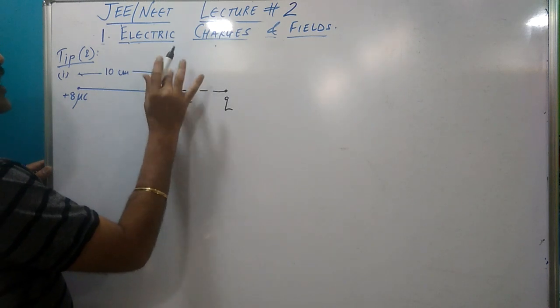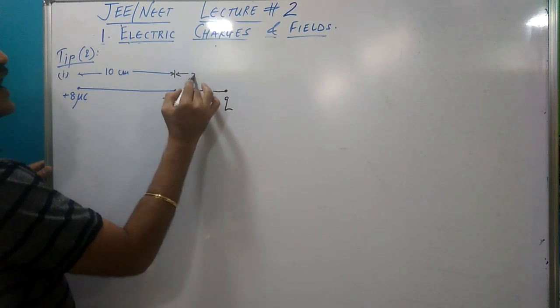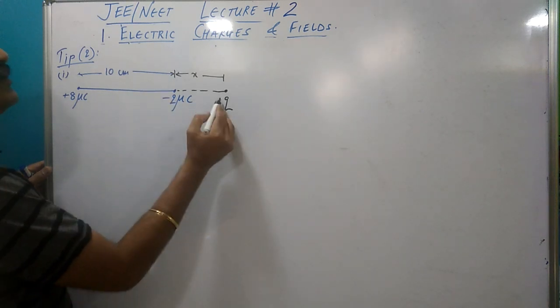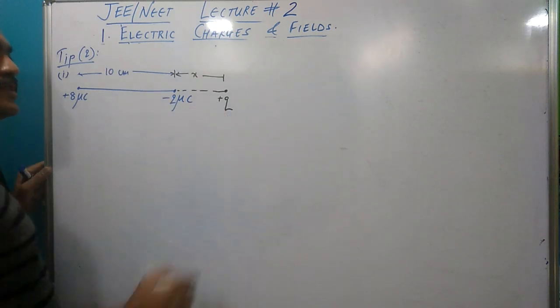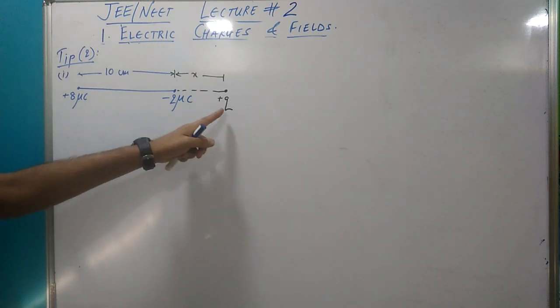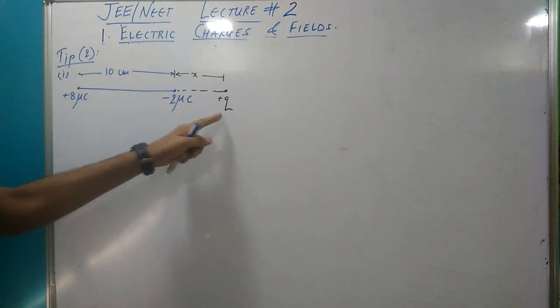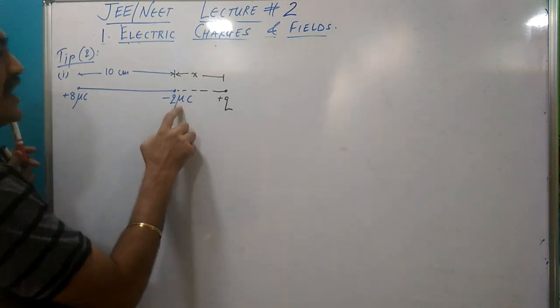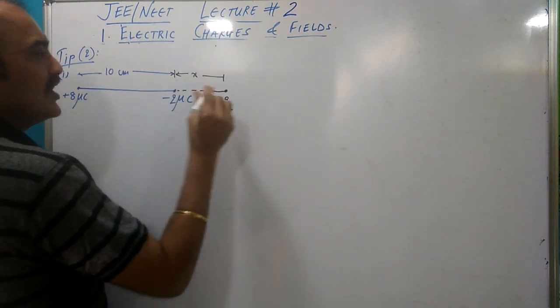So I will put it at a distance, let us say x from minus 2 microcoulomb. And let me give it a sign. Let us take it positive. Now you will see the force between plus q and minus 2 is going to be attractive. So minus 2 will pull plus q towards itself.